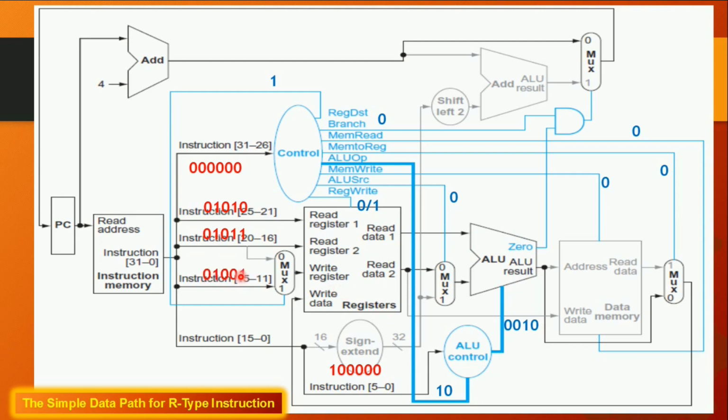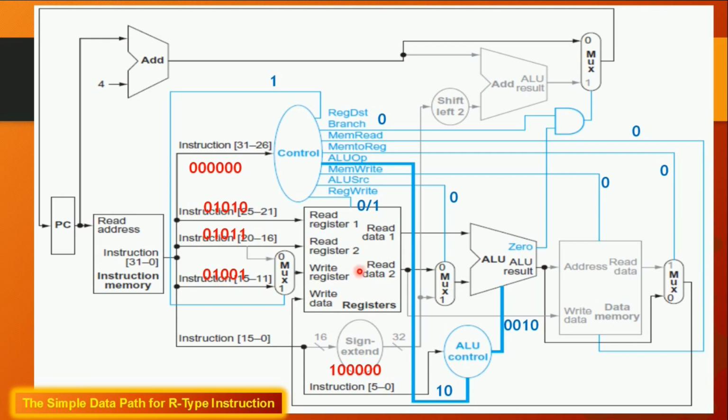The RD register number is 9, that is T1. Now for writing the data to the register, the processor has to assert the RegWrite signal to logic 1, then the result will be written back to the register T1.